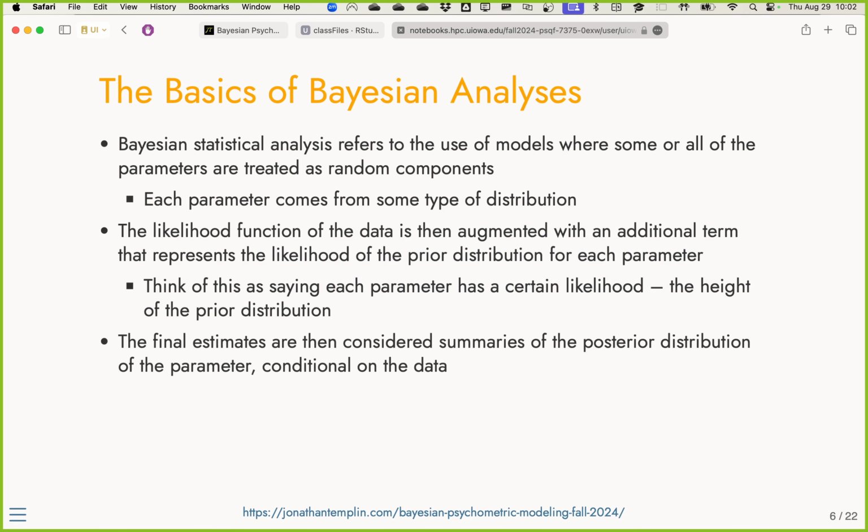Okay. So the final estimates of this whole process are considered summaries of the posterior distribution of the parameter. What ends up happening is we take the prior distribution, or distributions, we take our model data likelihood, we go through an estimation process, and what we end up having is yet another distribution.